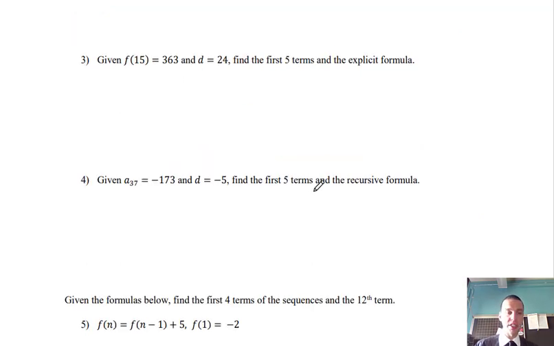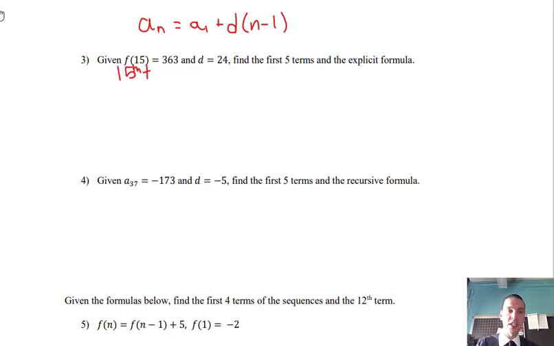Getting a little more difficult here. Given f of 15 equals 363 and d equals 24, you need to remember that this is the formula that we use. And so we're going to look at the 15th term. This is the 15th term equals 363.